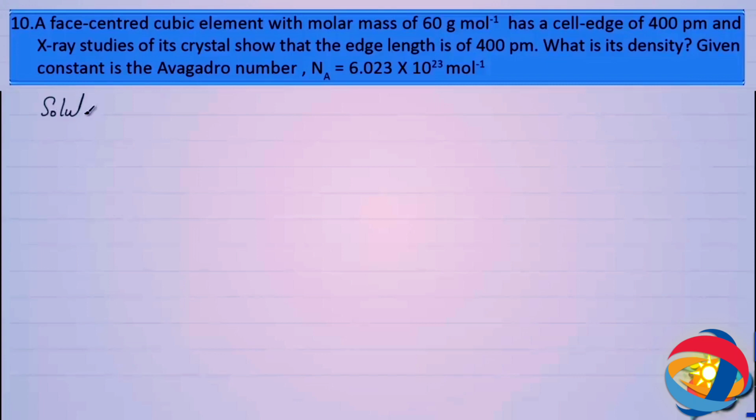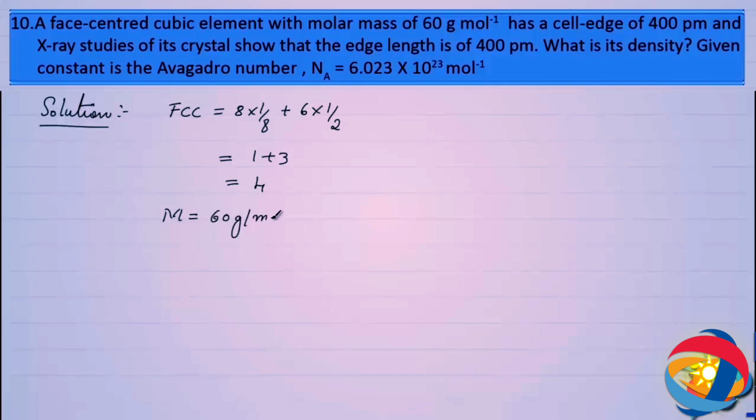The solution for this problem is the number of atoms in a FCC is 8 into 1 by 8 plus 6 into half, which is equal to 1 plus 3, which is equal to 4. Then the molar mass of the element is given as 60 gram per mole.